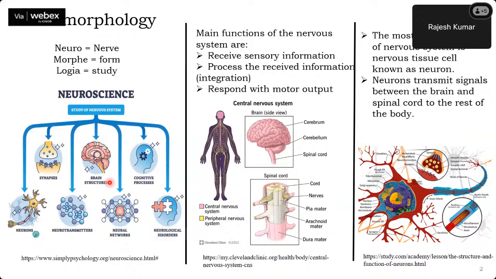The processing is done in the brain, where we have the cerebellum, and the spinal cord helps in taking the signals through the nervous system to that processing part. I'm not going into more biology, but we can see some biological parts in the coming slides.